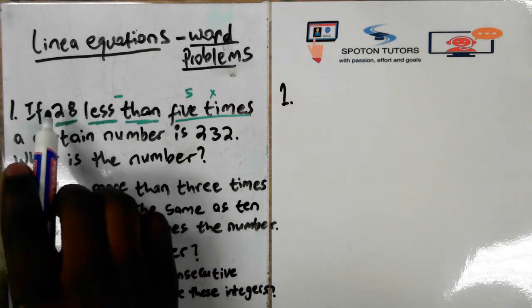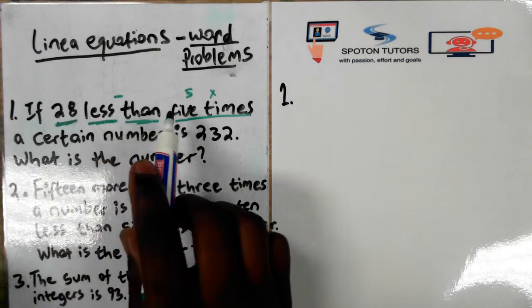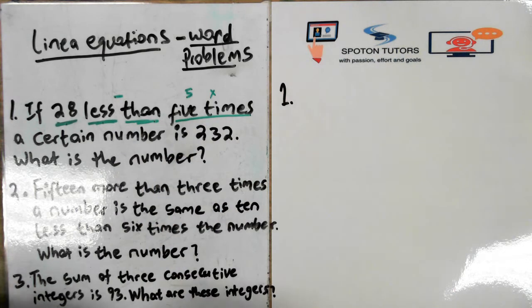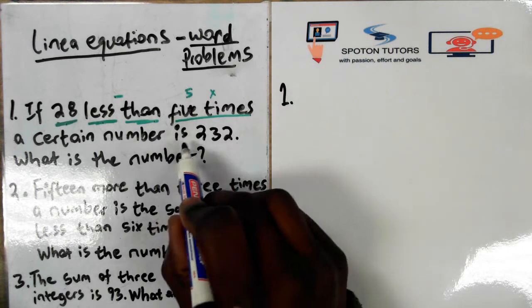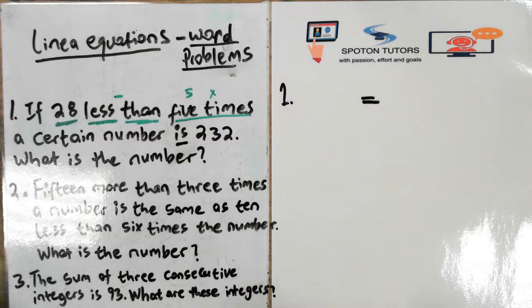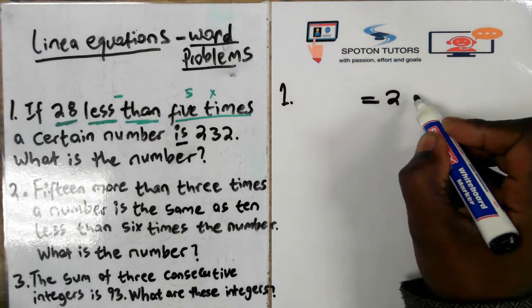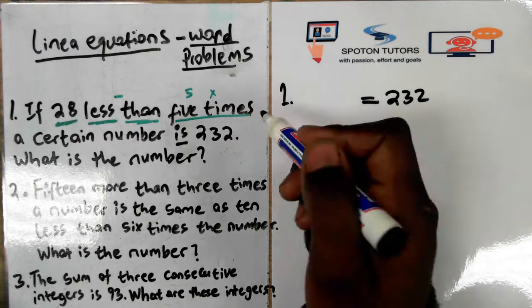So they say if 28 less than 5 times. This, you must write it backwards. What do I mean by backwards? Starting with is here. Is, of course, an equal sign. So we know that this is equal to 232. That's given. Now let's work this one backwards.